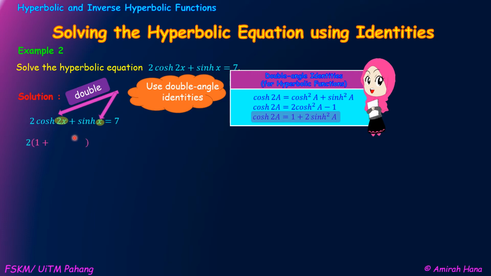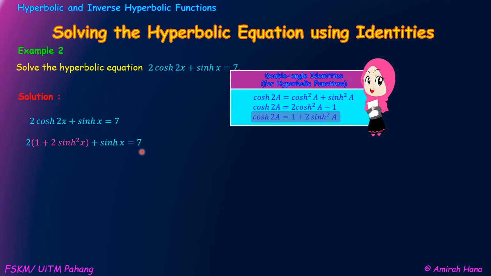Alright, so we can write 2 times cos 2x, which equals 1 plus 2 sin squared x, because we are given in terms of variable x, and then plus sin x equals 7.